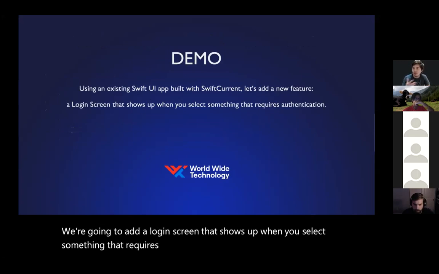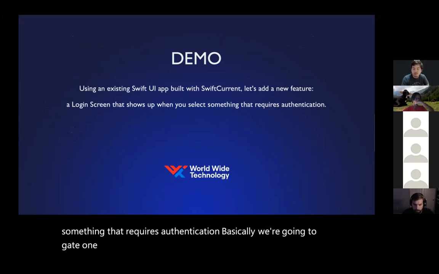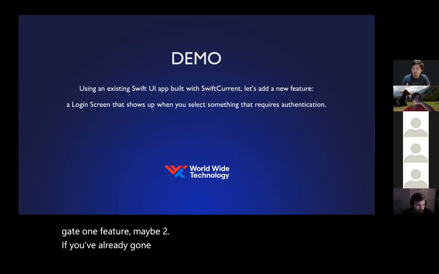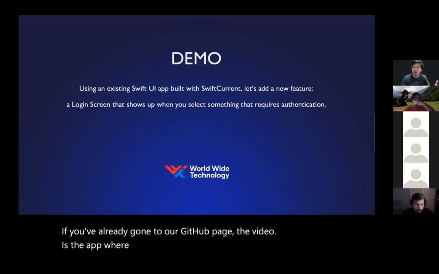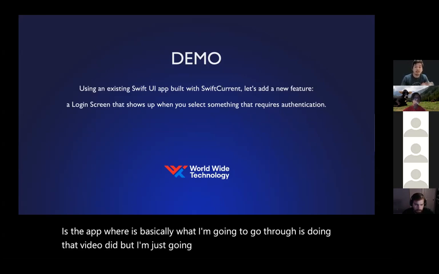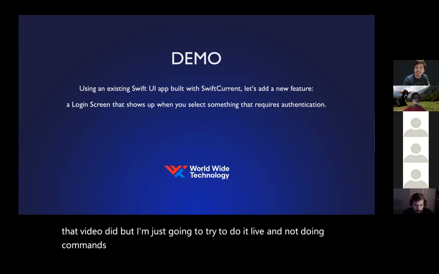Basically, we're gonna gate one feature, maybe two. If you've already gone to our GitHub page, the app is basically what I'm going to go through, doing what that video did. But I'm just going to try to do it live and not do Command Z trickery like I did in the video to make it go faster.